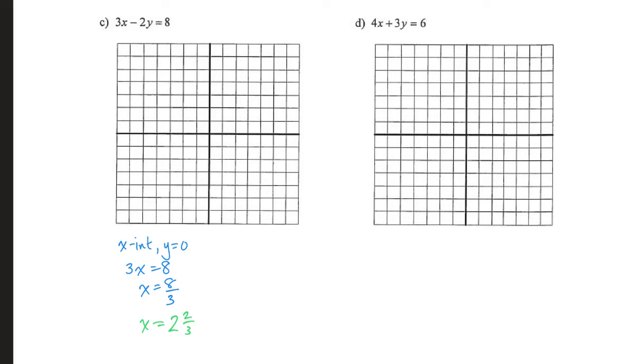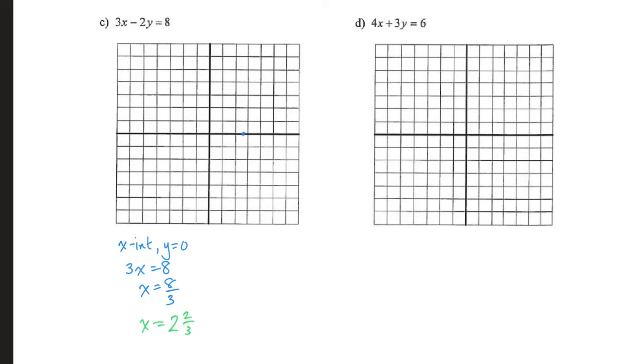Because rather than asking where 8/3 is on our number line, we could now go to our x-axis and go to 1, 2, and about 2/3 of the way to the next value. So I'm just going to get rid of all those little arrows. But what that allows me to do is to say that I roughly have a point there.